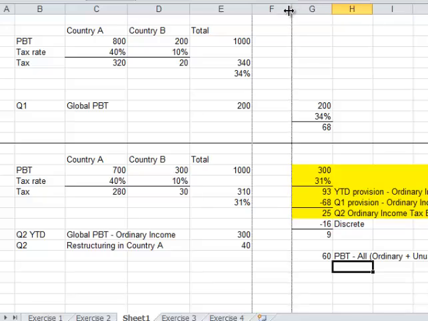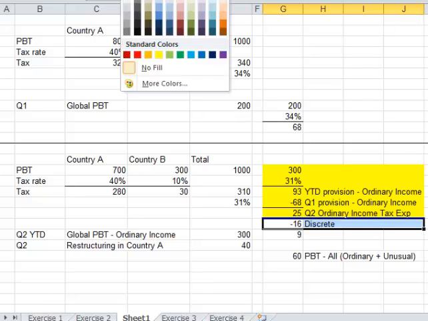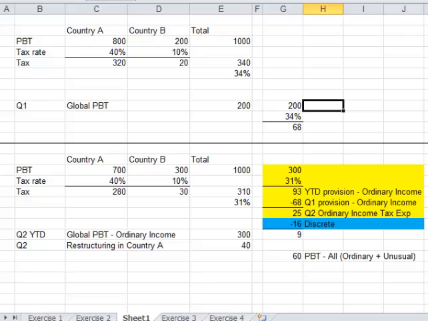So you need to understand that the Q2 provision is partly this yellow shaded item, which is the normal ordinary income. And then added to it is my discrete item, which I really calculate totally independently and totally separately. So getting to your 9 of total Q2 provision is the combination of those yellow and blue sections.